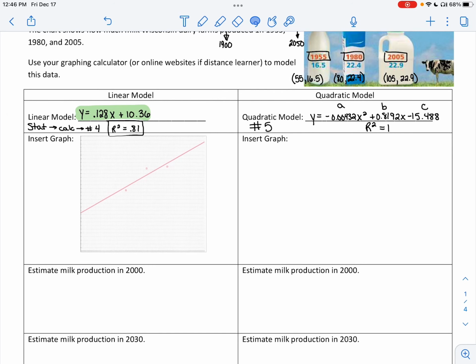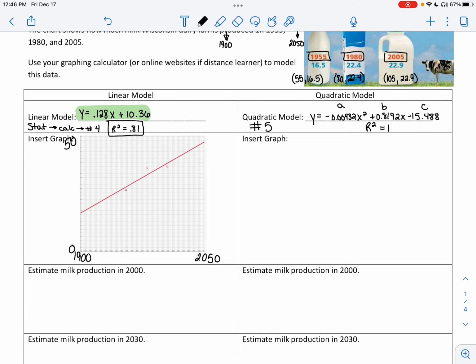That looks pretty good if you ask me. So remember, we were looking at 0, which is 1900, to 2050, and then 0 to 50 billions of pounds of milk being produced. What I want you to notice is that this is not perfect. These points do not exactly lie on our line, but we do have a linear model.